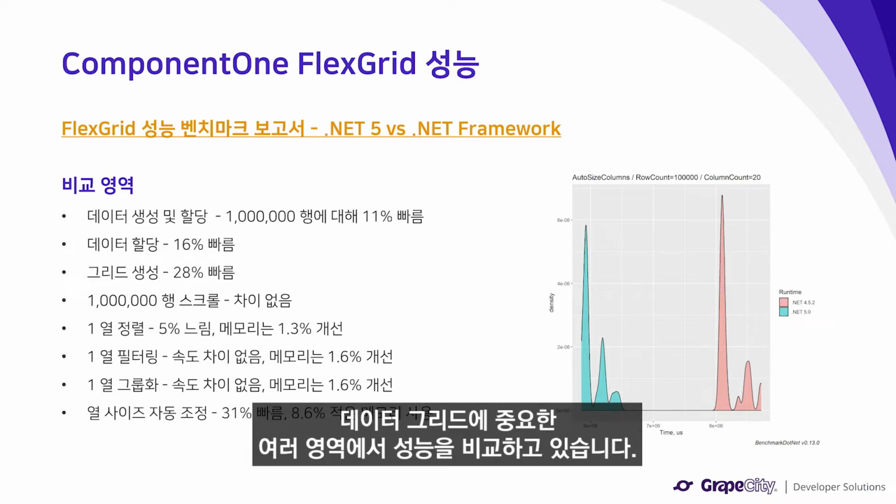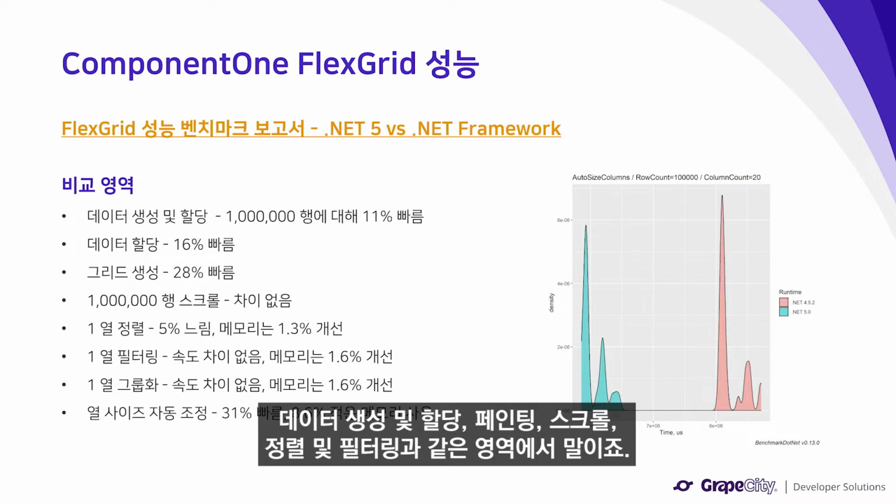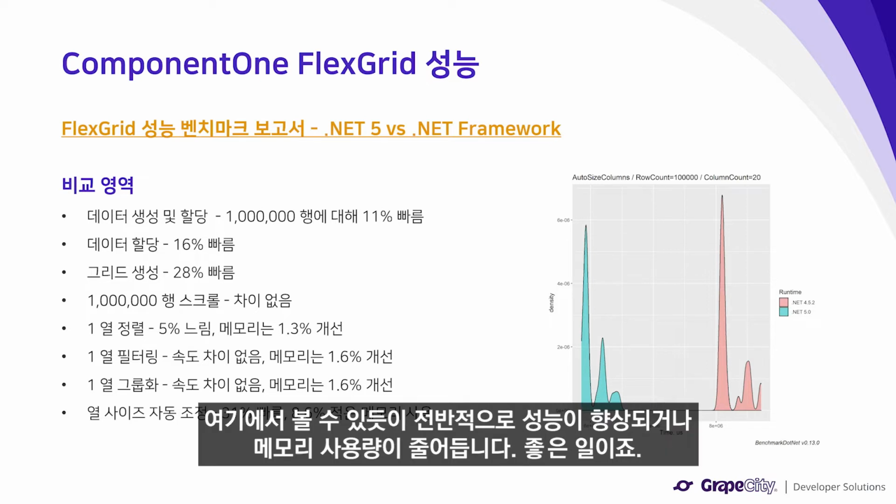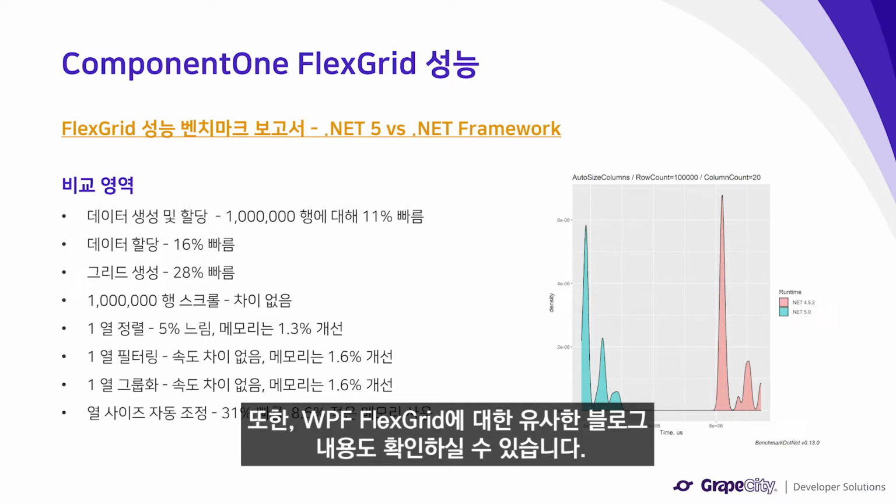The benchmarks compare performance in several areas important for data grids, like generating and assigning data, painting, scrolling, sorting, and filtering. And as you can see here, across the board, we're seeing better performance or less memory usage, which is a good thing. We also have a similar blog for the WPF FlexGrid, which you can check out.